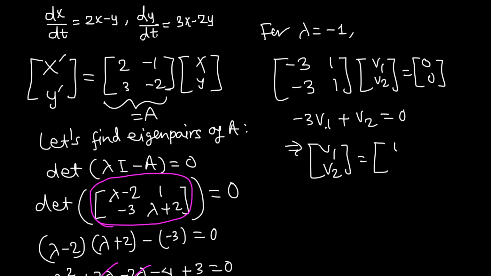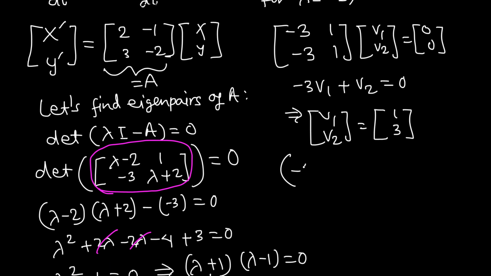If we take 1 here, this becomes negative 3, and add 3 to both sides, so v2 equals 3. So 1, 3 is one of the many correct answers. So for -1, the corresponding eigenvector is 1, 3. So the eigenpair is -1, comma, (1, 3).